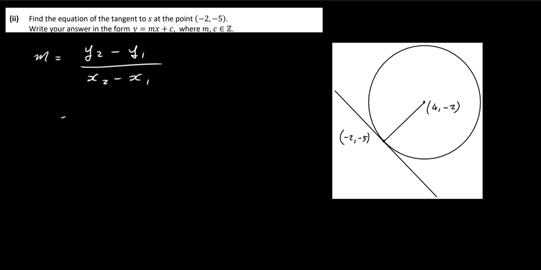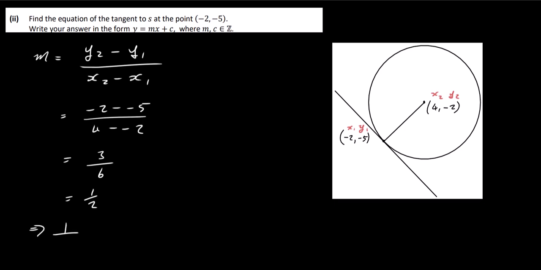So let's take this as (x1, y1), this as (x2, y2), and just substitute those in. So y2 is −2 minus −5 over 4 minus −2. That's −2 plus 5, which is 3, and 4 plus 2, which is 6, so that's a half. So that means the perpendicular slope of our tangent is −2.